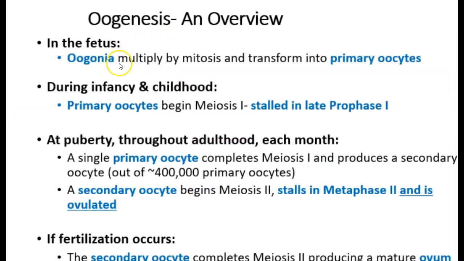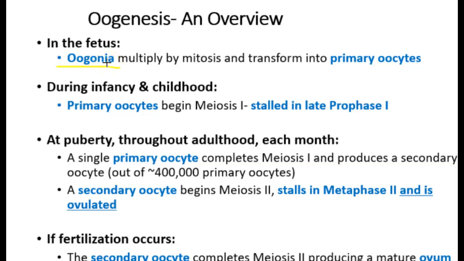As an overview, the embryo has germline cells that more specifically are called oogonia in the ovary. These are stem cells, and they're destined to transform into a primary oocyte that would undergo meiosis.